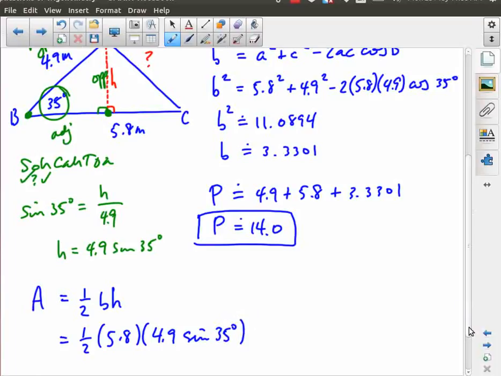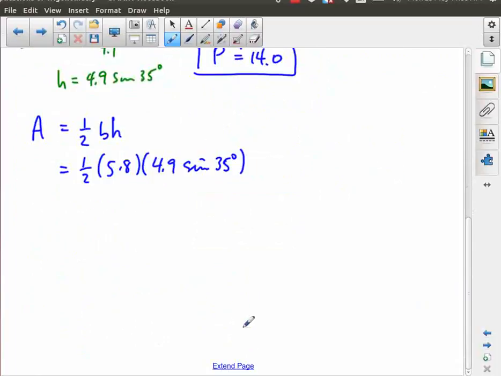As you can see, once again, I've set myself up so that I can do this all in one step on my calculator. 1/2 times 5.8 times 4.9 times the sine of 35 degrees is equal to approximately 8, and I'm going to round this to one decimal place. That's the area. It's approximately 8.2, but I should put in a therefore statement so I can include my units.